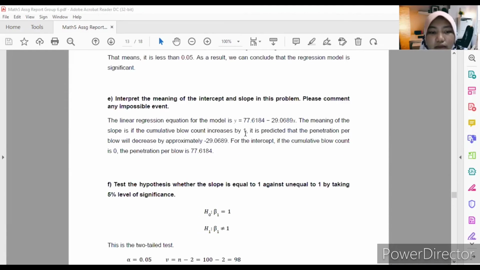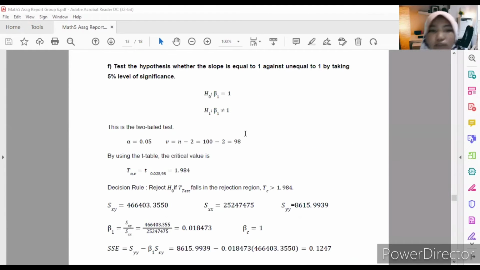The F question tests the hypothesis of whether the slope is equal to 1 against unequal to 1, by taking a 5% level of significance. The first hypothesis is beta 1 equals 1 and the second hypothesis is beta 1 unequal to 1. This is a two-tailed test.